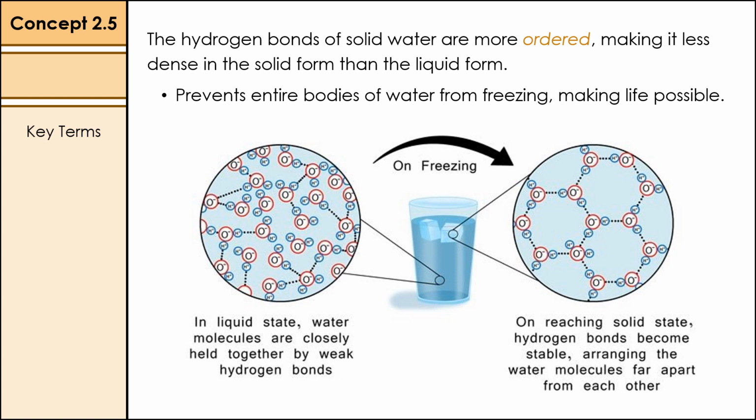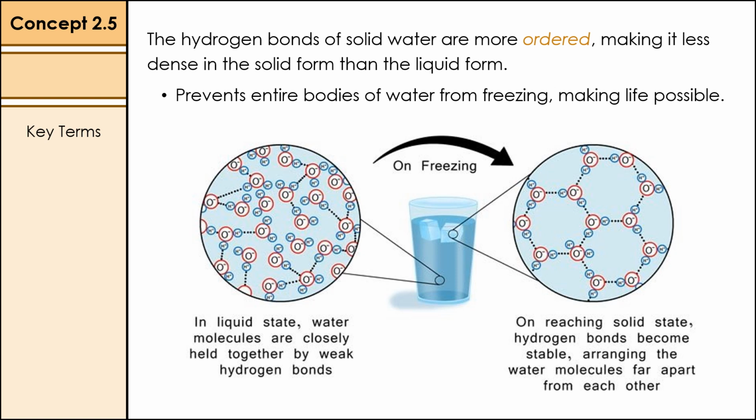And that closeness allows for all of that adhesion and cohesion that we previously mentioned. But when it starts to freeze, when it gets cooler, those hydrogen bonds expand. So they hold water molecules farther apart. So we create this crystalline structure that gives us a lower density.